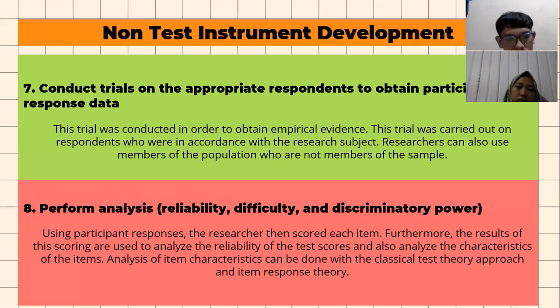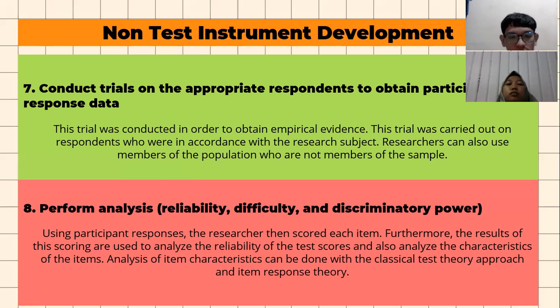The seventh is conduct trials on the appropriate respondents to obtain participant response data. After being revised, you know that the expert gives us the revision, gives us input, so we should revise. After revised, the items of the instrument are then completely assembled and ready to be tested.